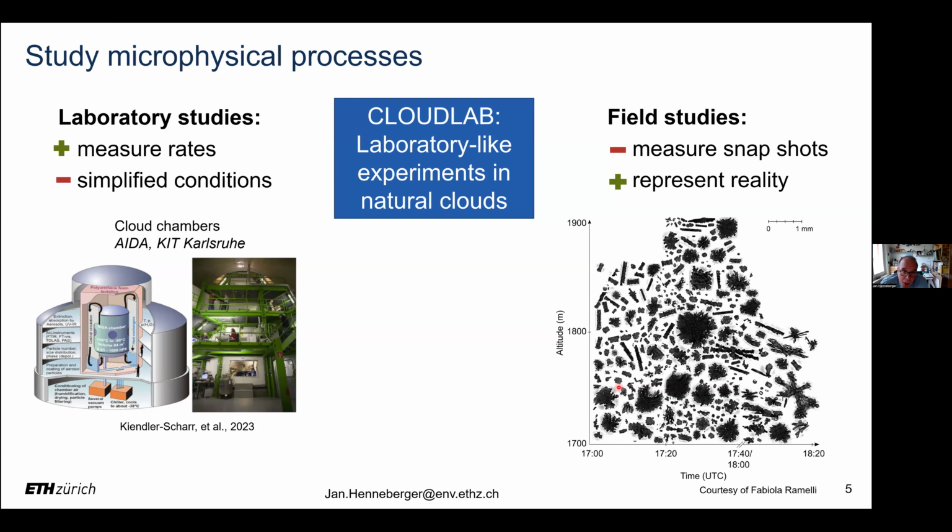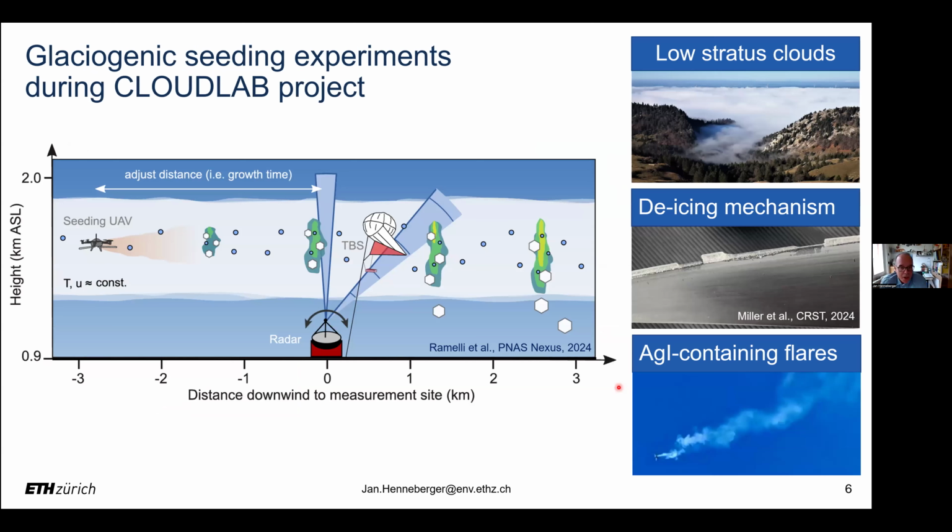So then came Cloud Lab, where we try to do laboratory-like experiments in natural clouds using glaciogenic seeding. And here's a schematic of our experiment. In contrast to standard operation, we are using low stratus clouds for seeding.